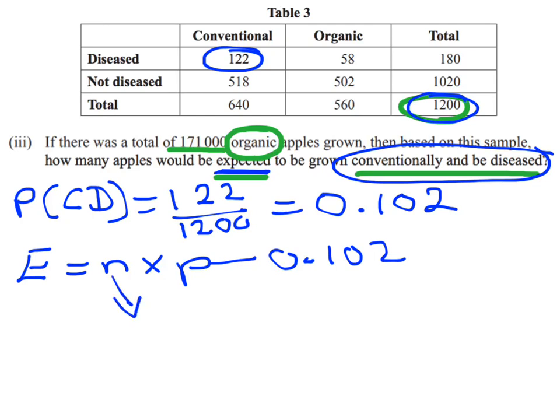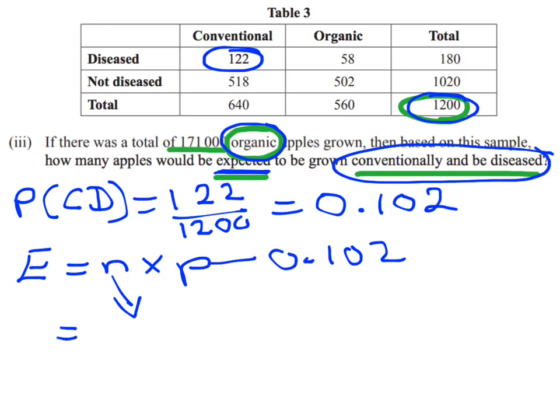However, for the value of N, we don't know what the total number of apples is. We know the total number of organic apples, but not how many organic and conventional apples there are in total. So we've got to use a bit of proportional thinking.